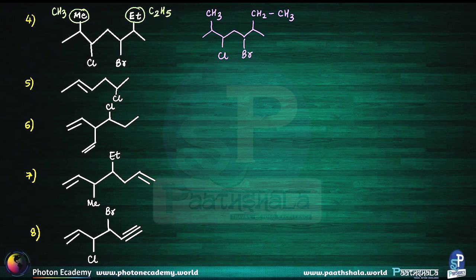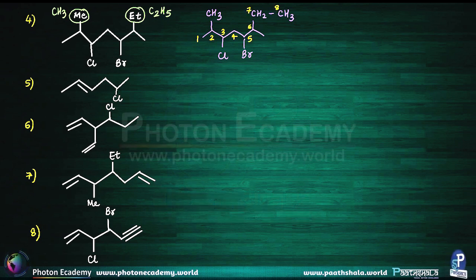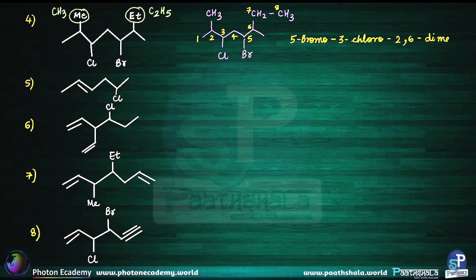If we start numbering from the left hand side, we get 1, 2, 3, 4, 5, 6, 7, and 8. And the name of this becomes 5-bromo, then we have 3-chloro, 2,6-dimethyl octane.